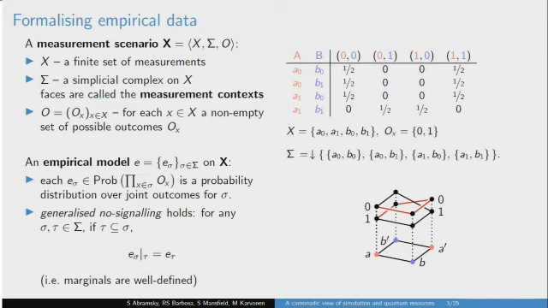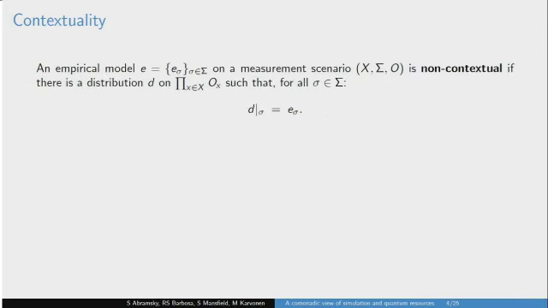Now, to get to the point of what contextuality is, you might say, I don't like this. I want to be able to measure everything at once. Maybe the theory that predicts limits on this is wrong, or maybe the experimentalists aren't good enough. There should be a way of measuring everything at once and getting reasonable answers.